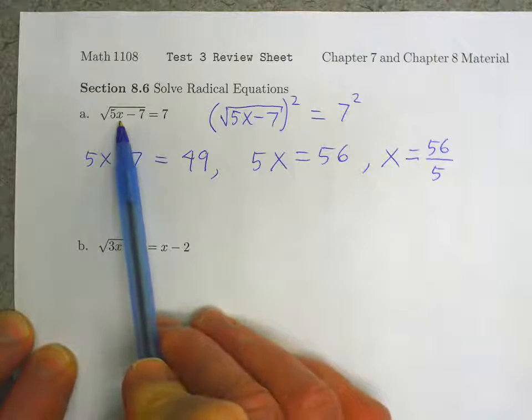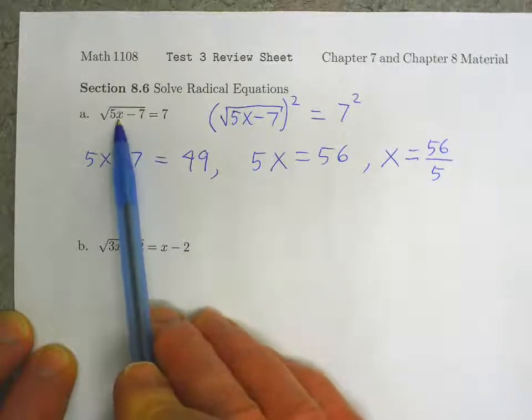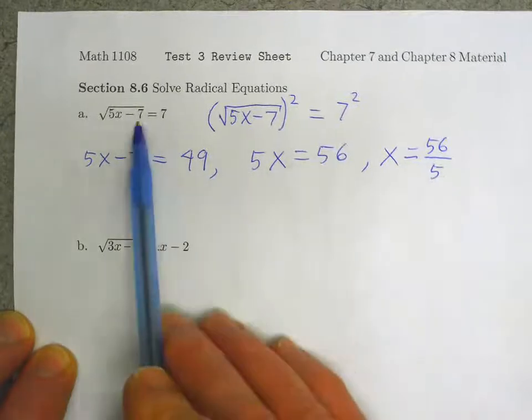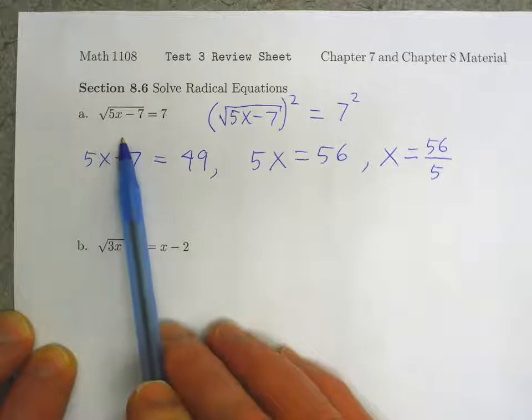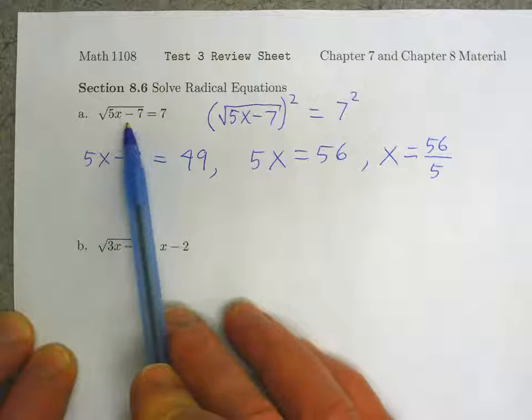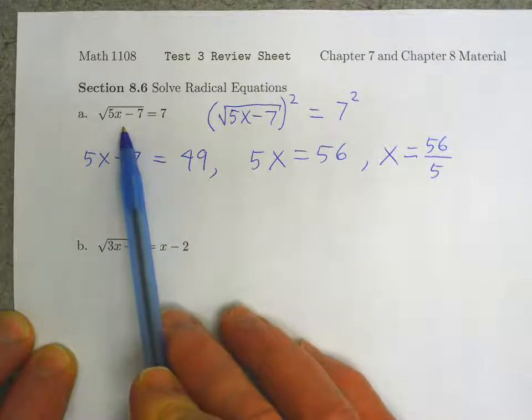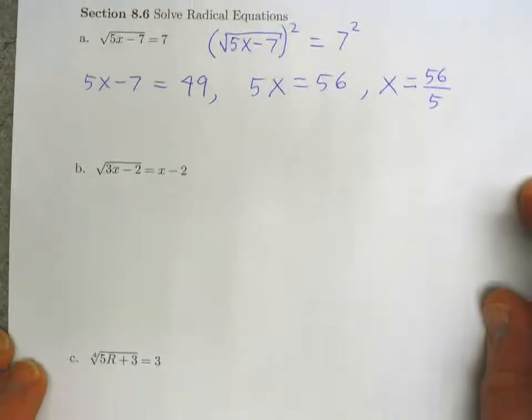I'm not going to do it completely here, but you can sort of see what's going to happen. If you replace x with 56 over 5, then 5 times 56 over 5, the 5's cancel, so that you have the square root of 56 minus 7, which is the square root of 49, and the positive square root of 49 is 7. The next example is a little more involved.